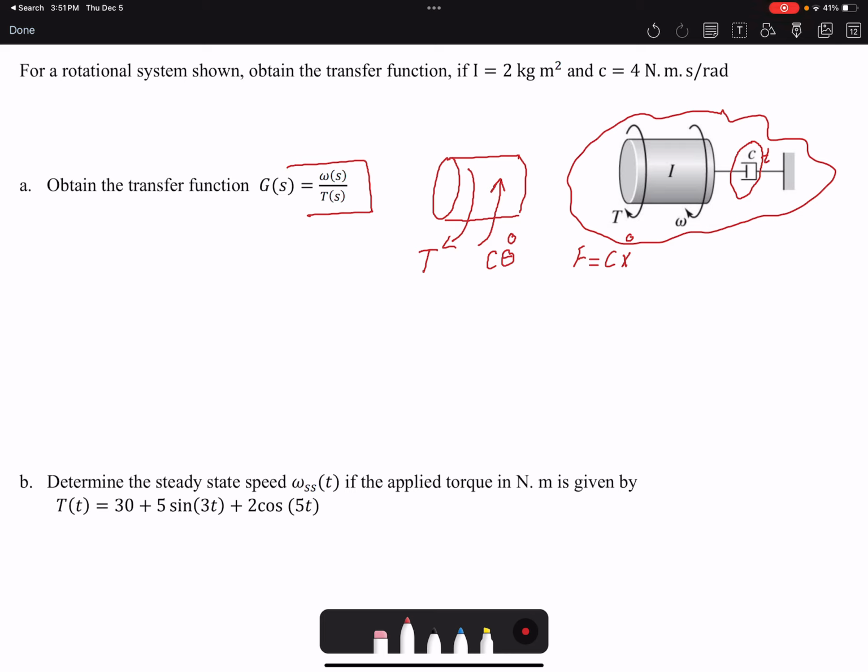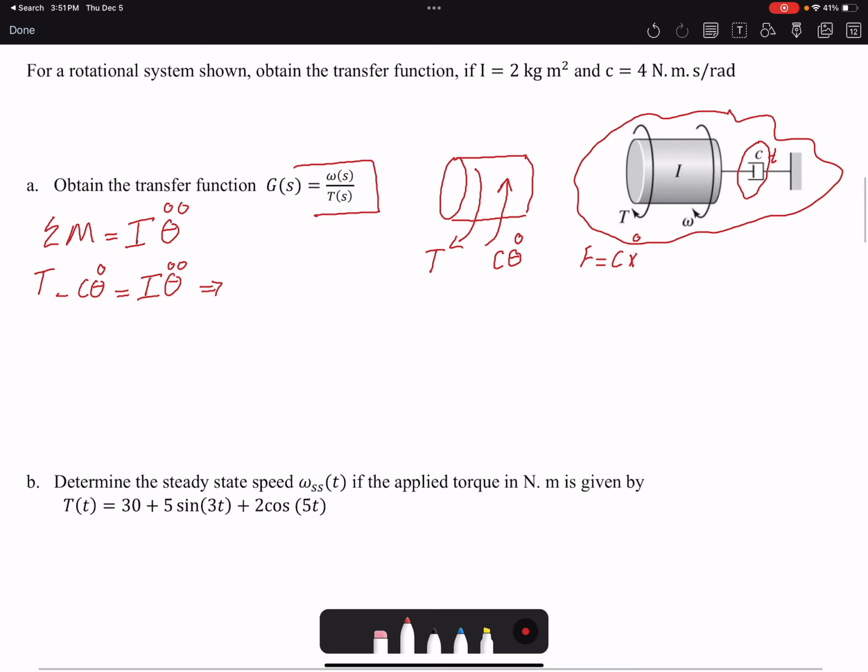So now we need to write our differential equation. For rotational component, the summation of moment is I theta double dot. Here the moments that we have is T minus C theta dot would be I theta double dot. If I rearrange this, I would get I theta double dot plus C theta dot equals T, and instead of theta dot, I know that would be omega, and theta double dot would be omega dot.